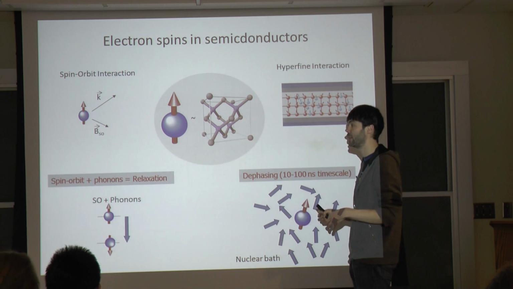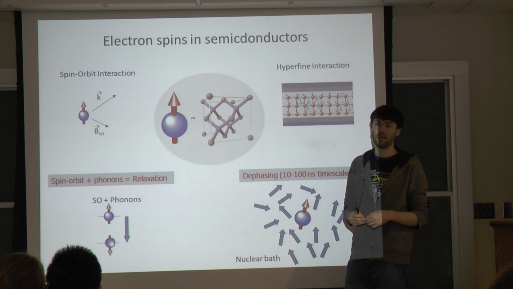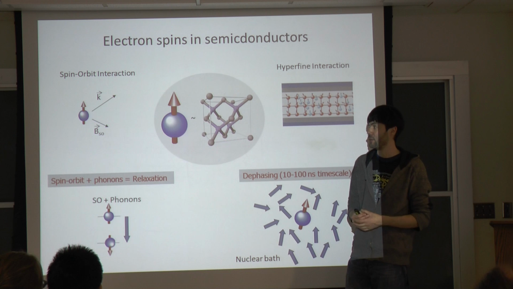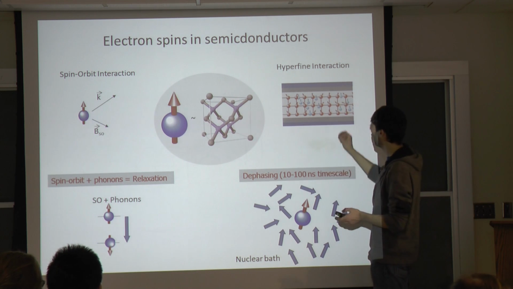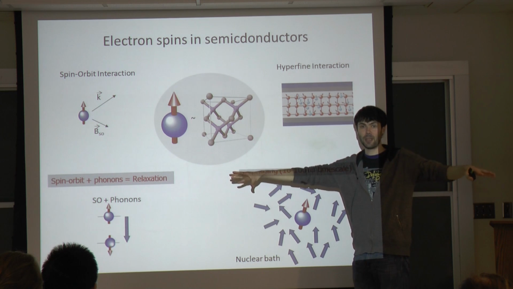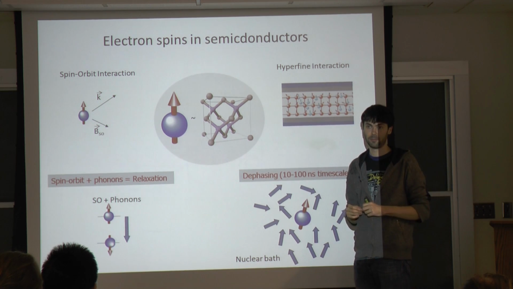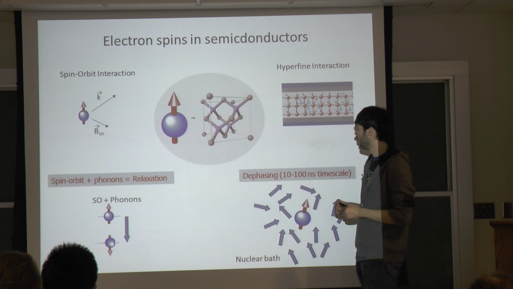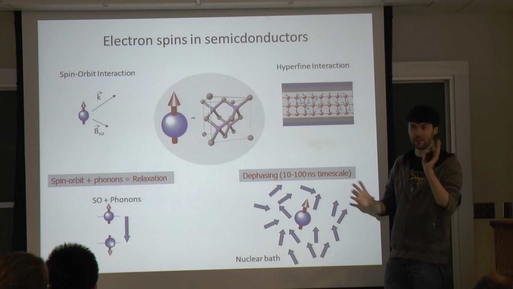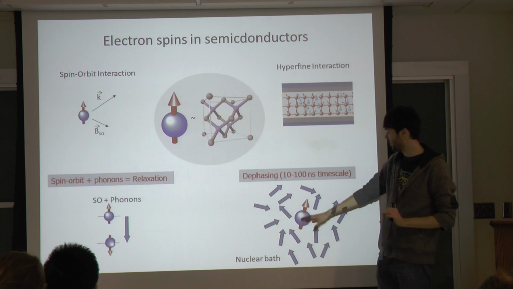In principle, it can span 1 million nuclei in a typical gallium arsenide quantum dot. So you have to think about one spin living in a wave function overlapping 1 million nuclear spins. So this kind of picture. And all these spins are fluctuating and imposing different interactions on the central spin.